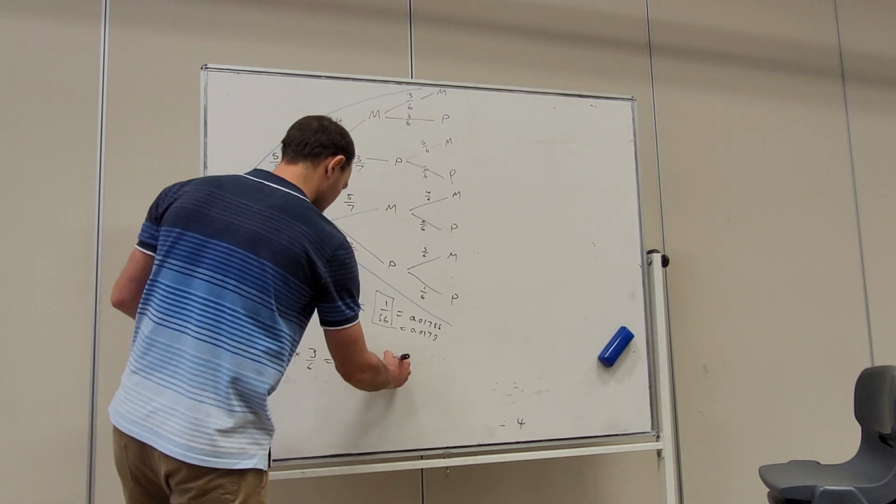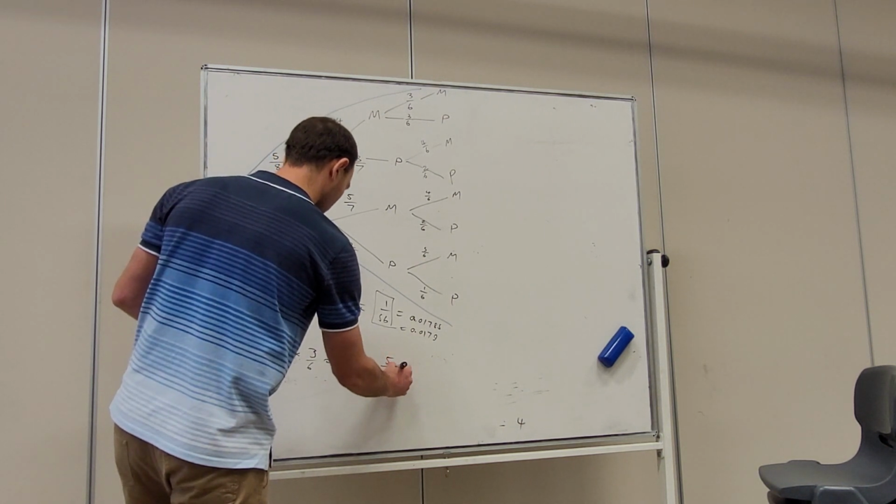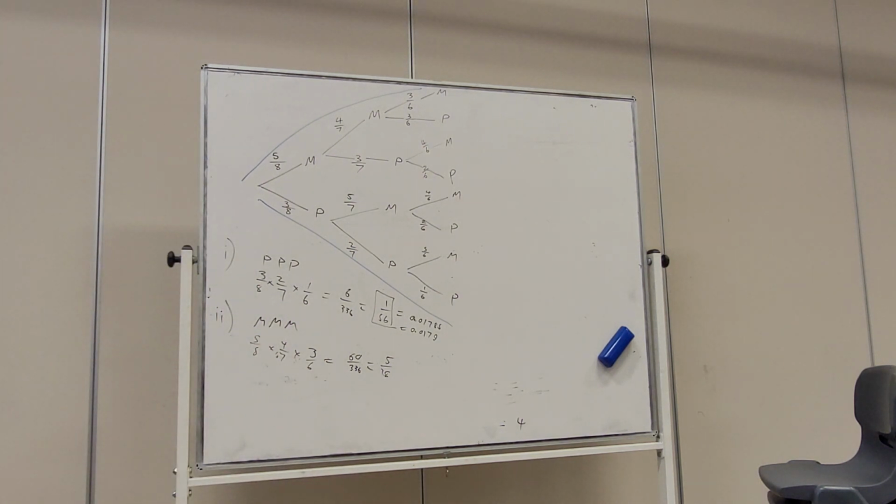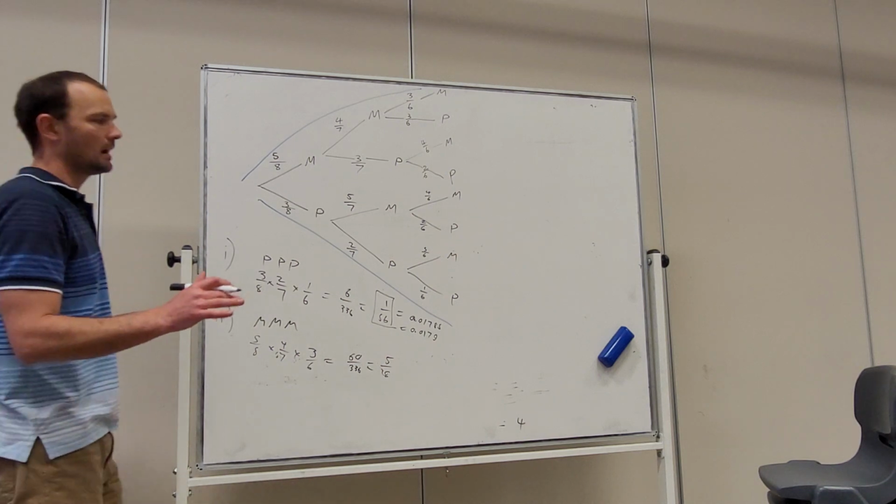So that's going to be 10 on 56, 5 on 28. Alright, just as simplest fraction, I think that's right. Okay, very good. Next one, at least 1 Mars bar.